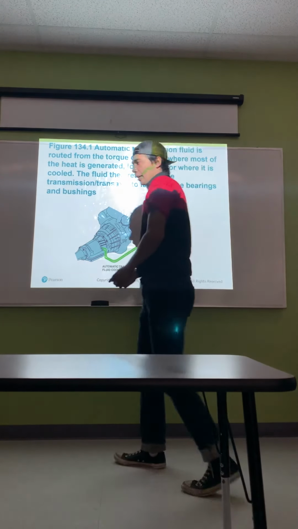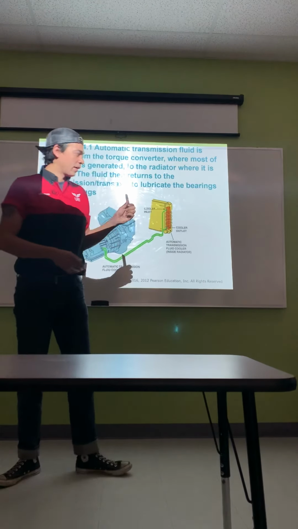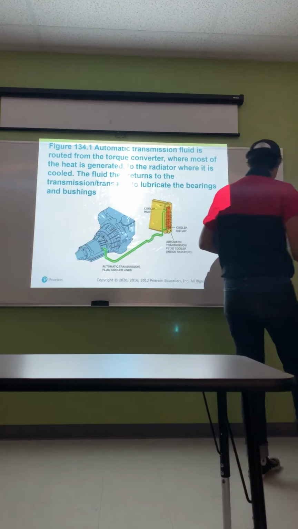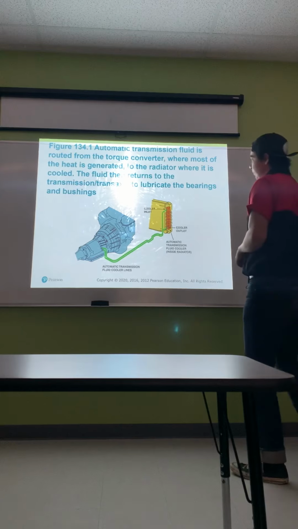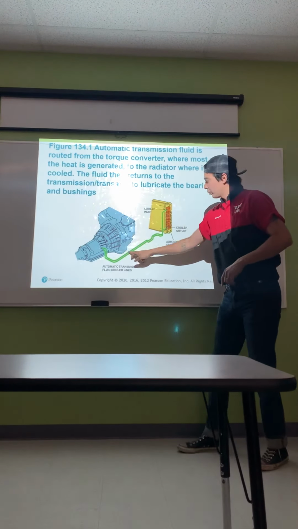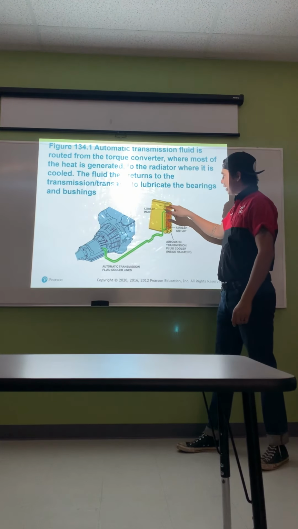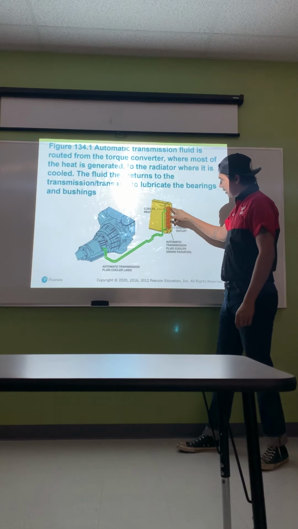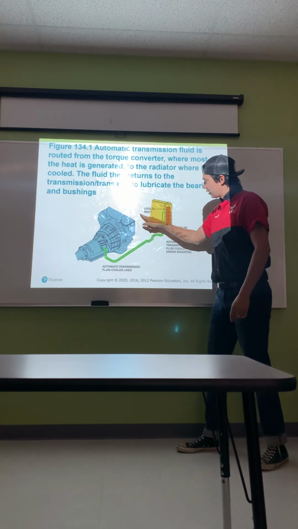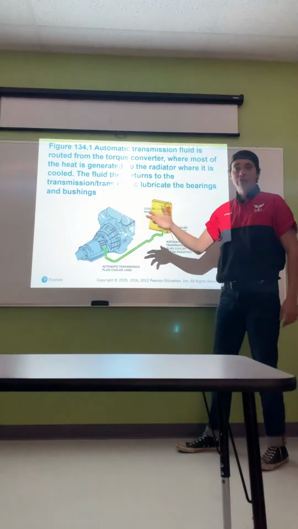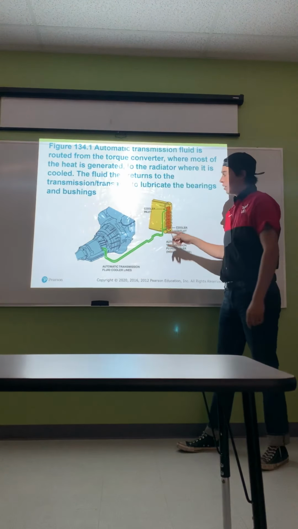So they're showing you one type of setup for the cooling system itself, or the transmission cooler system. The fluid will come out under pressure and go through the radiator, which has vanes, just like a regular radiator lets the coolant go through.